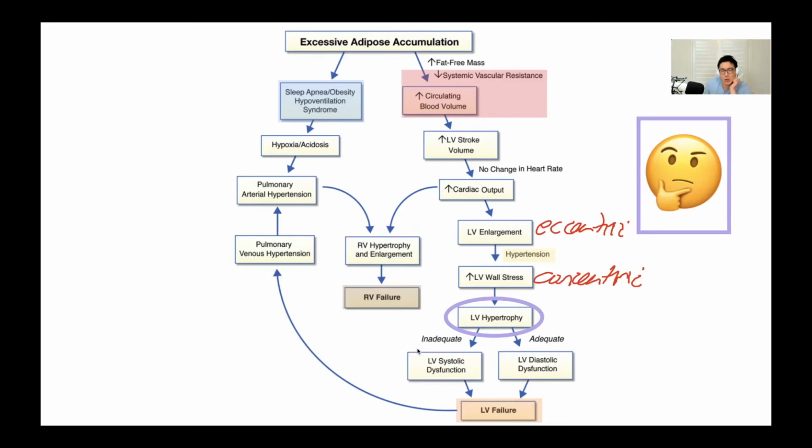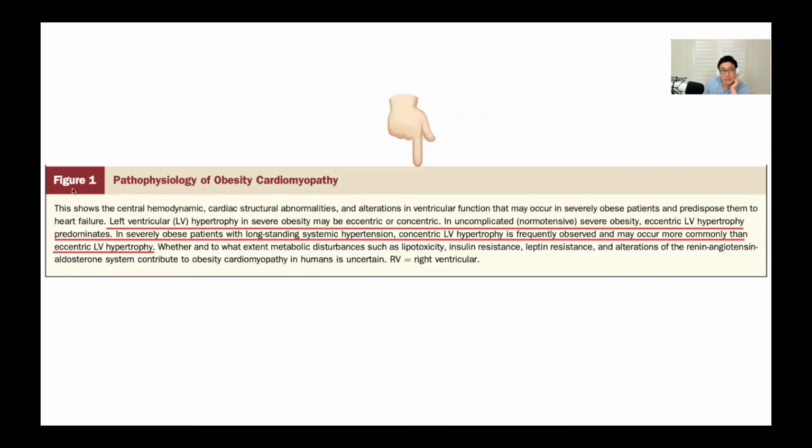And this was a question that I had, which didn't make sense to me in Power and Cam's flow diagram. So there is a table which explains this in figure 1, and this is in Levy. So we'll go through this together. Left ventricular hypertrophy in severe obesity may be eccentric or concentric.